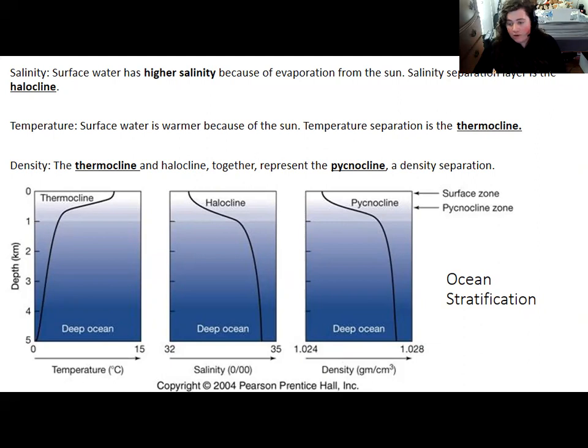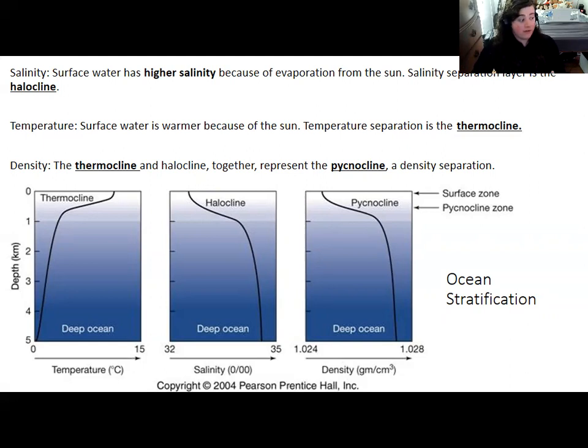Now, if you combine the thermocline and the halocline together, factoring them, you get a density separation. You get the pycnocline because density is dependent on salinity, how salty the ocean is, and temperature largely.